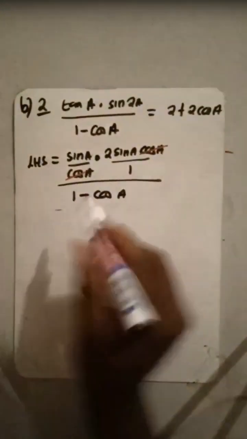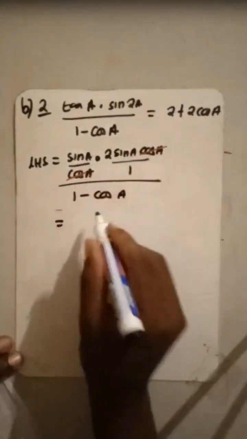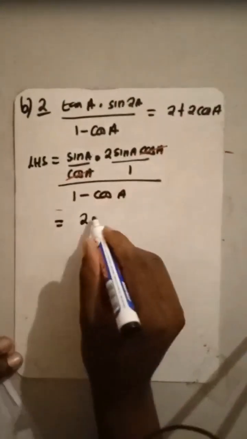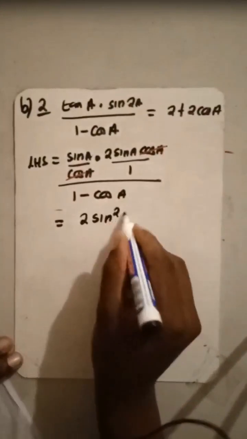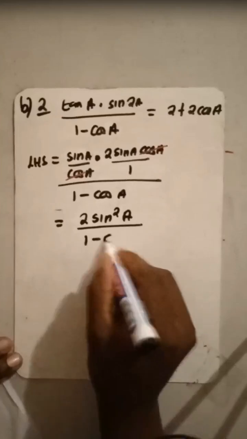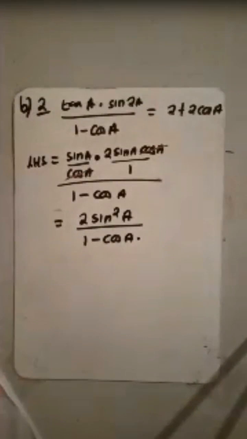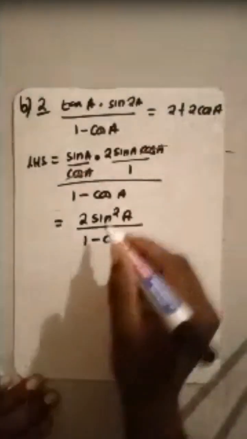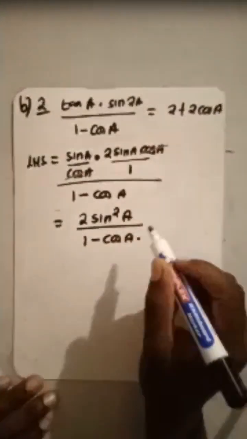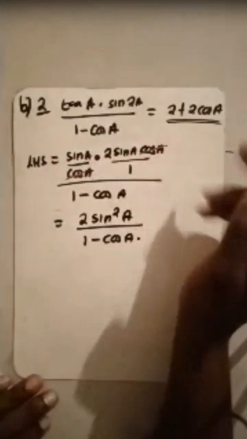We are now left with sine A multiplied by 2 sine A, which is going to give us 2 sine squared A over 1 minus cos A. All right. But look where we want to go. We want something that has cos, but we have sine.